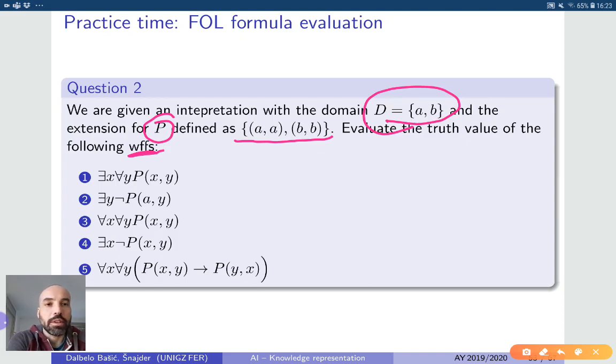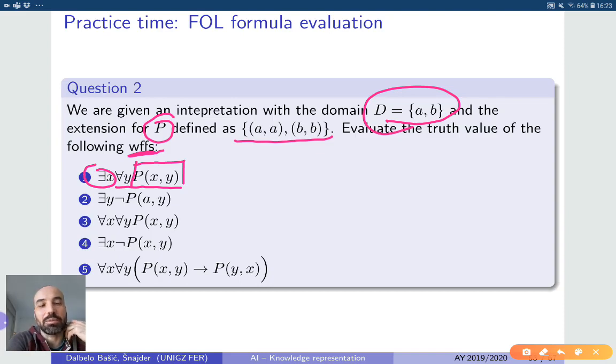Again, you can do this step by step, but I'll try to do this a bit faster this time around. What I'm after here is some x that will make this formula true, and the predicate needs to be true for every y. If I take x to be a, then I should have PAA and PAB.